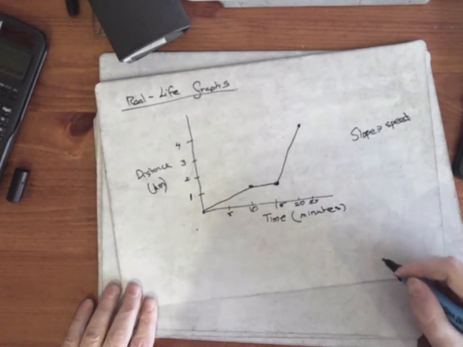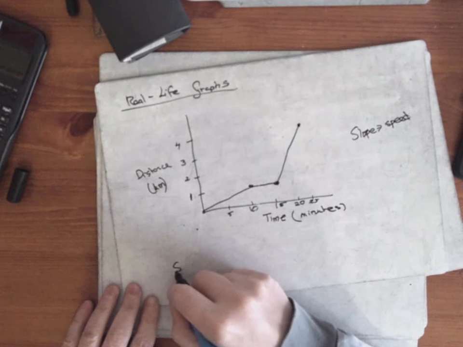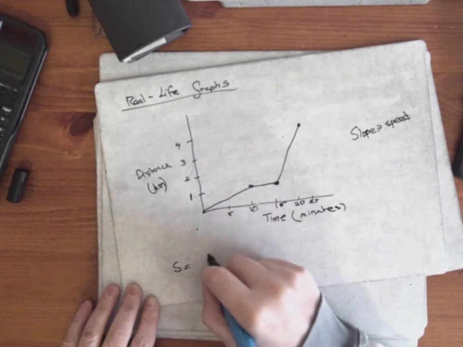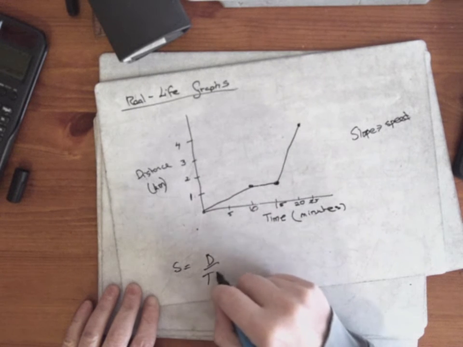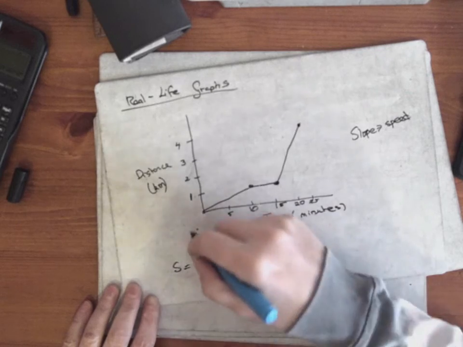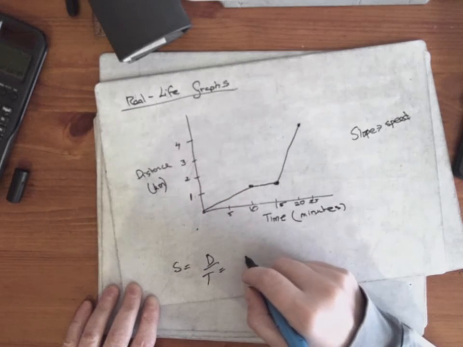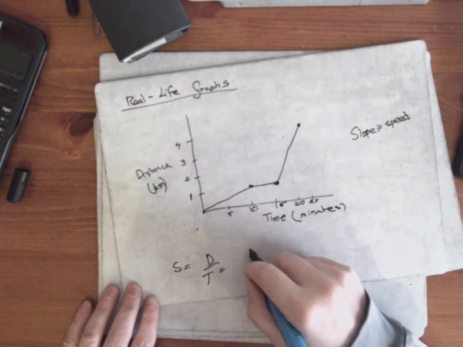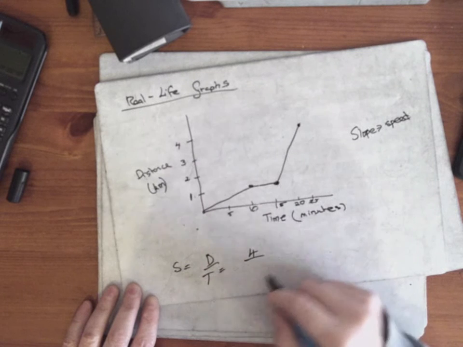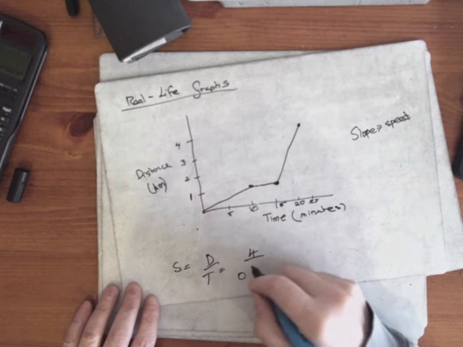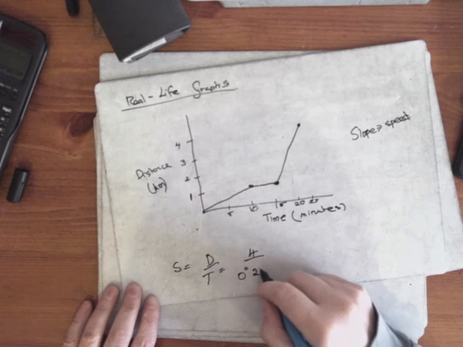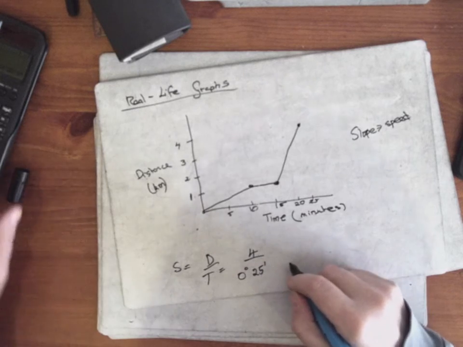If I was asked for the average speed for the journey, the speed for the journey is equal to distance over time. The total distance I went was 4 kilometres. The time was 25 minutes, so remember that's 0 hours and 25 minutes.